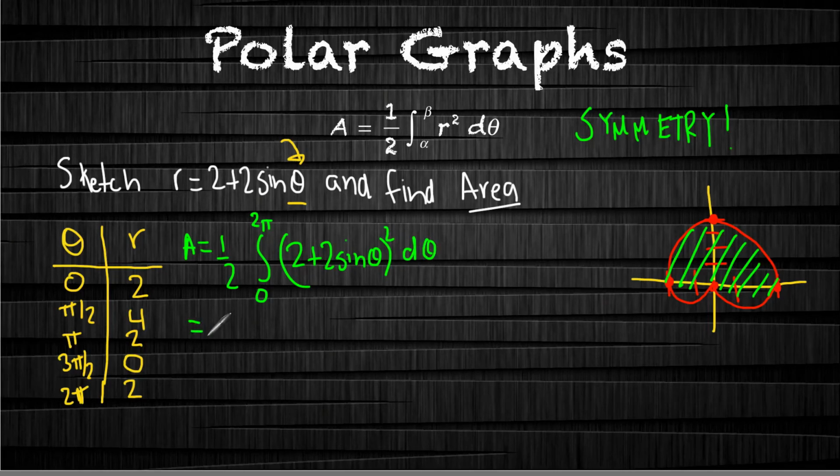So when we FOIL this out, and please don't just square the 2 and the 2 sine theta, you actually have to FOIL this out. So it's going to be 4 plus 4 sine squared theta plus, actually 8, excuse me. So that's going to be 8 sine of theta.